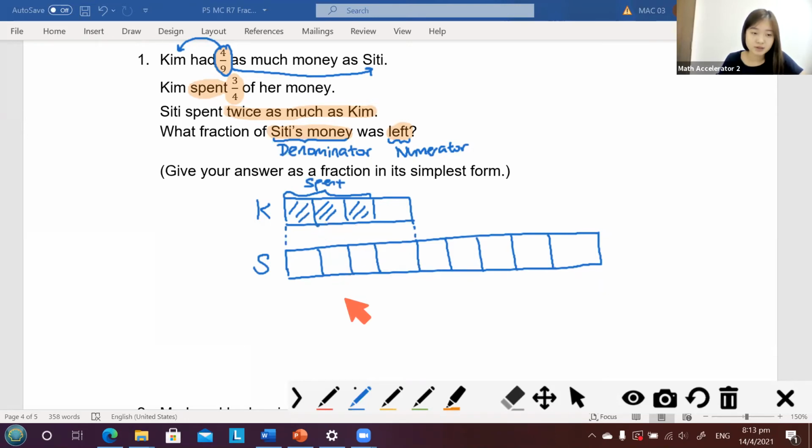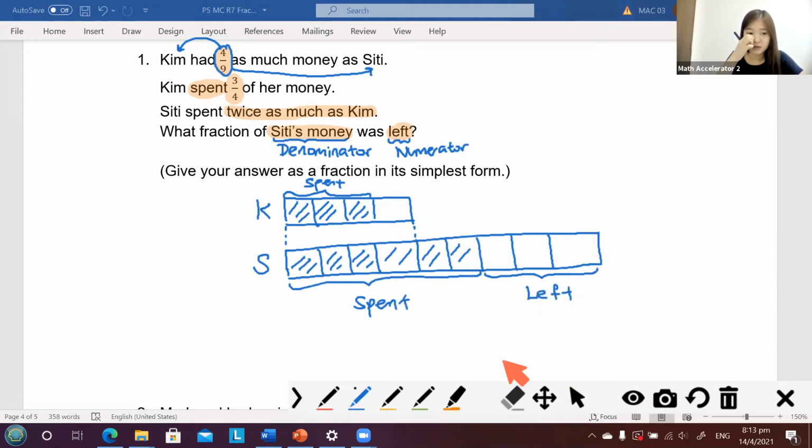Yes, you can type in the chat. Okay, correct. 6. So this is Kim, but Siti spent twice. So 3 times 2 will be 6. So this is spent. So what's left? Here.